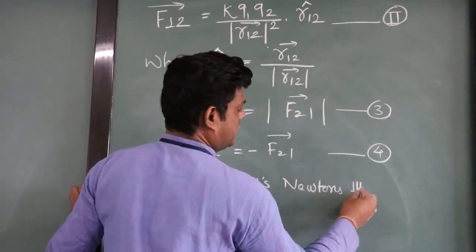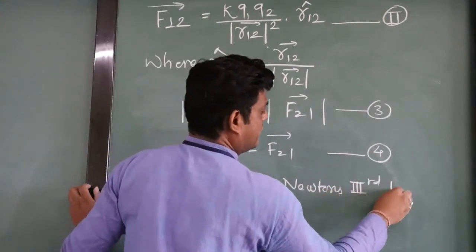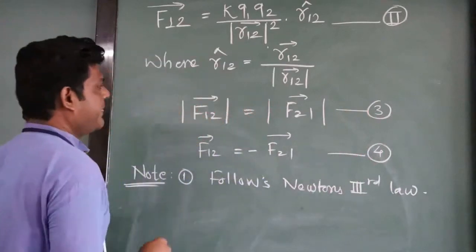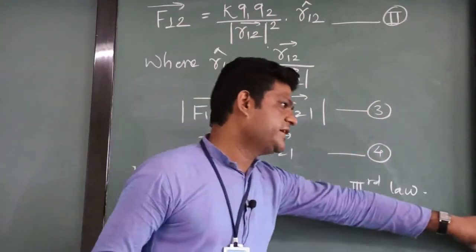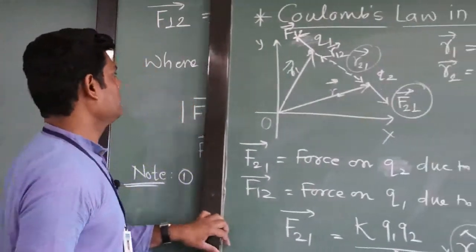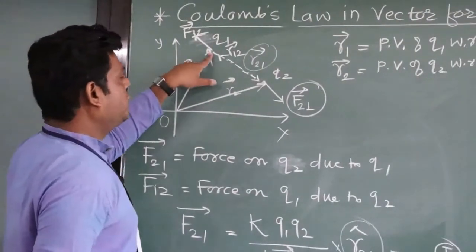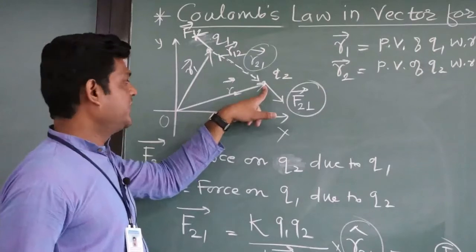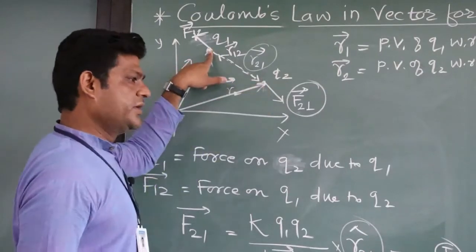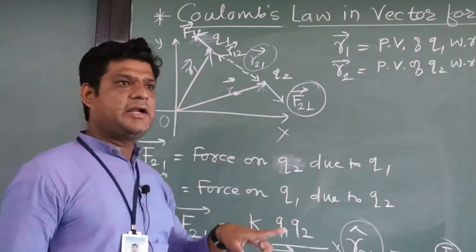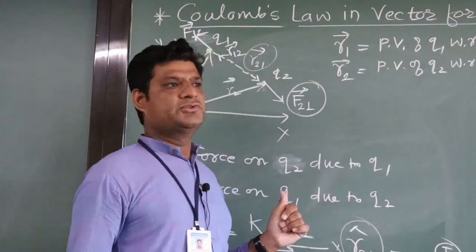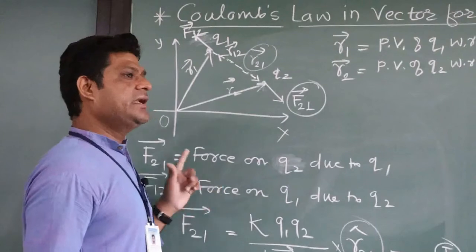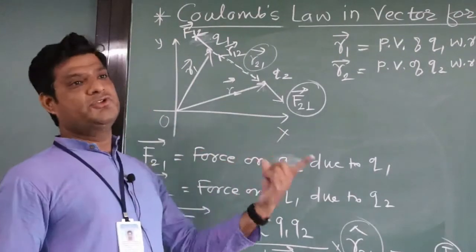See what we studied in the diagram: Q1 exerts force on Q2 and Q2 exerts force on Q1. These two forces are in opposite directions and equal in magnitude. So we can say that they exert equal and opposite force.